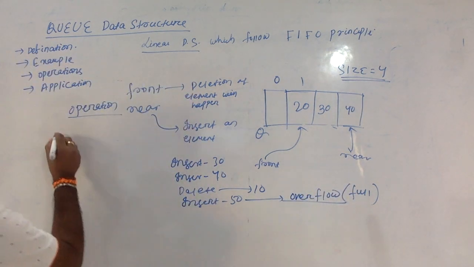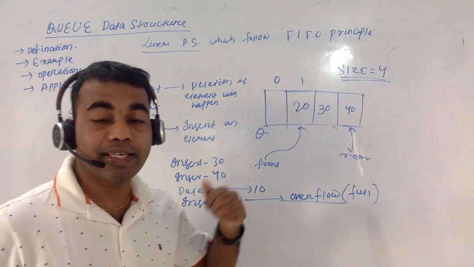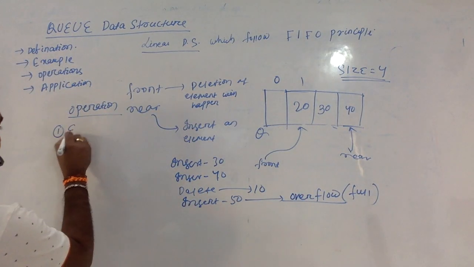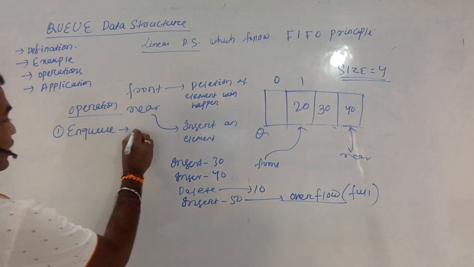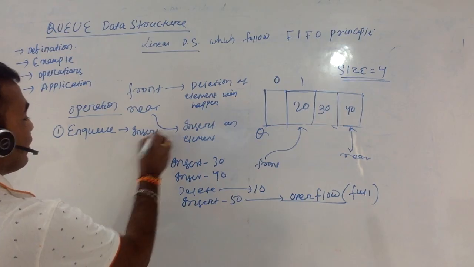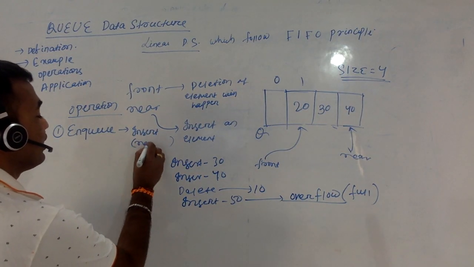But insert, in queue terminology, is known as NQ, right? This is very, very important. NQ means insert. And always remember, insert will happen at the rear end.